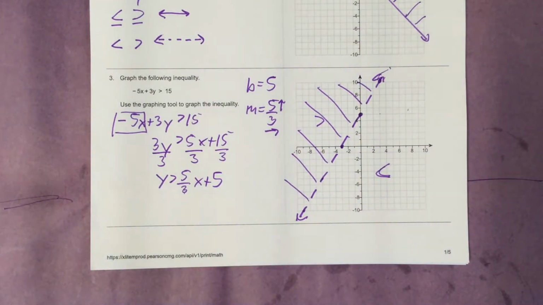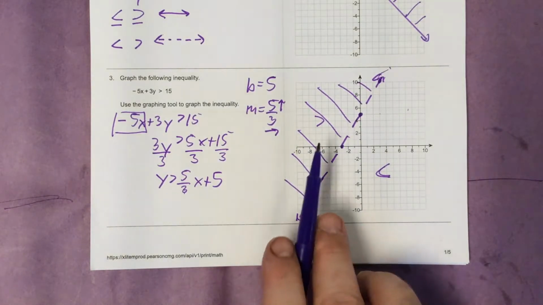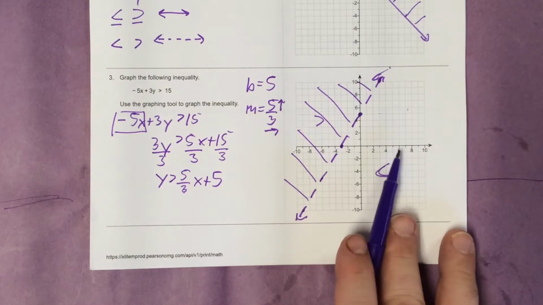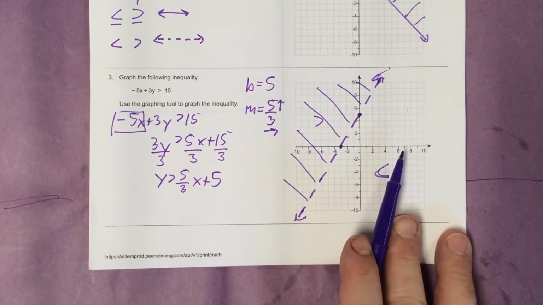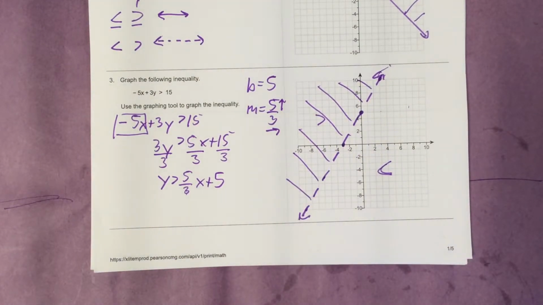So what I'm going to do to show this again one more time, and I'm not going to show this much afterwards, but I am going to just show this for this next example. We're going to pick one point on the greater than side, one point on the less than side, and then a point on the line.